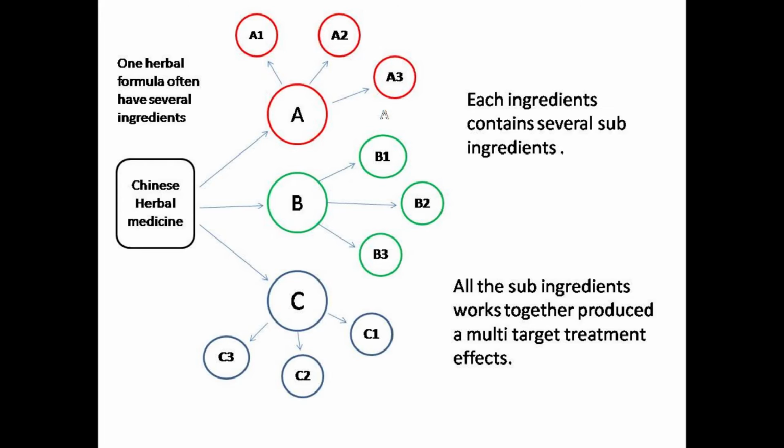They are boiled together to make a decoction. It can treat many different kinds of viruses, bacteria, and fungi, whatever. So it treats a wider range of conditions. And that is the advantage of TCM.